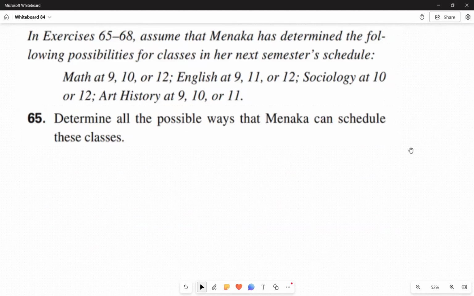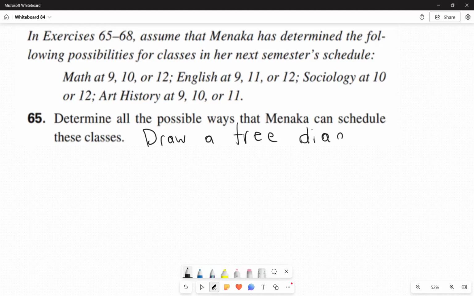Determine all the possible ways that Menaka can schedule these classes. We can answer the question by drawing a tree diagram with the following branches.